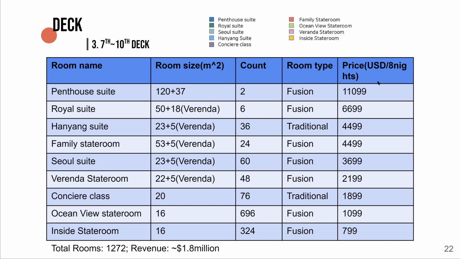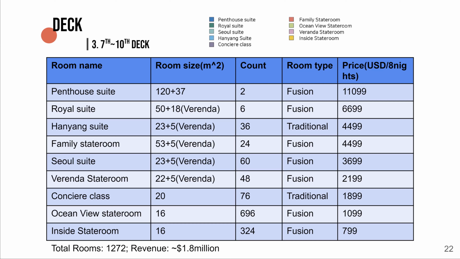So, the duration for our cruise will be about 8 days. An 8-day vacation in a penthouse suite will cost about $11,099, whereas an ocean view stateroom or an inside stateroom will be about $1,800 USD per 8 days.